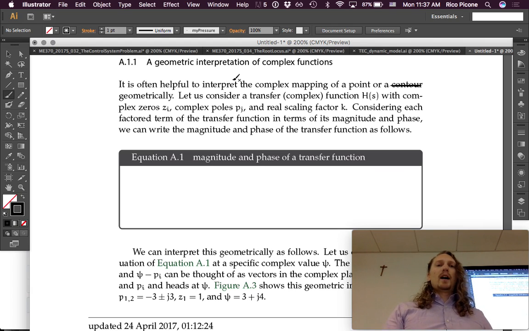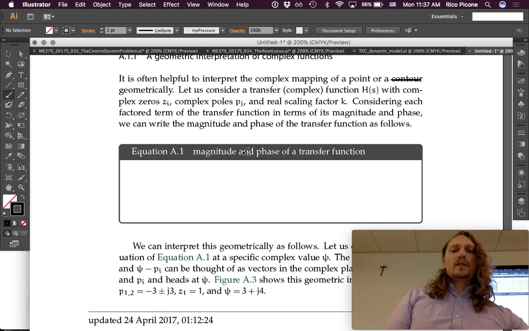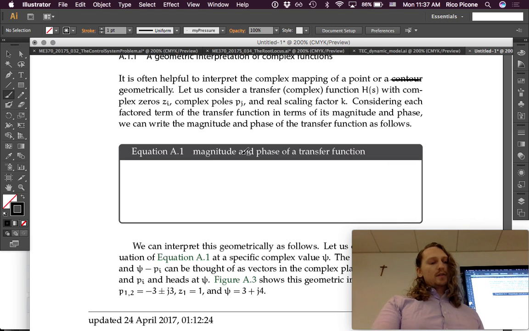So let us consider a transfer function, h of s, with complex zeros, zi, complex poles, pj, and real scaling factor k. Consider each factored term of the transfer function in terms of its magnitude and phase. We can write the magnitude and phase of the transfer function as follows.